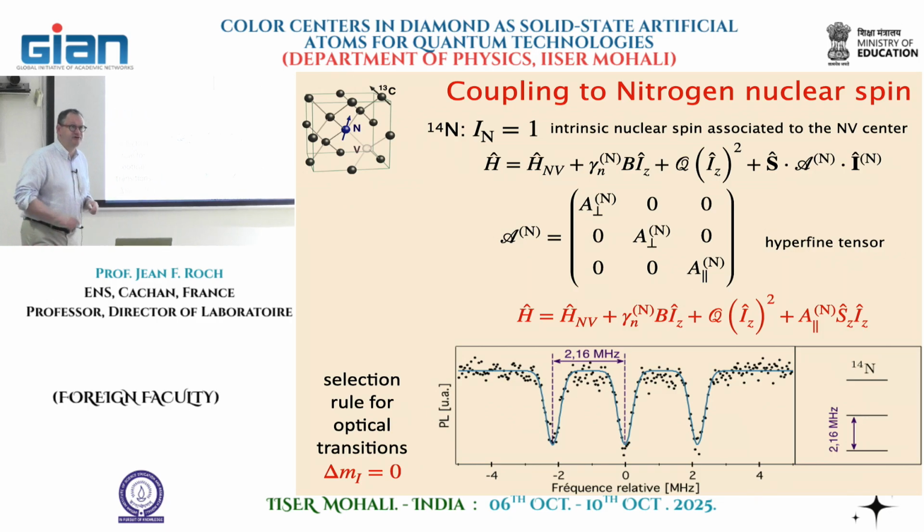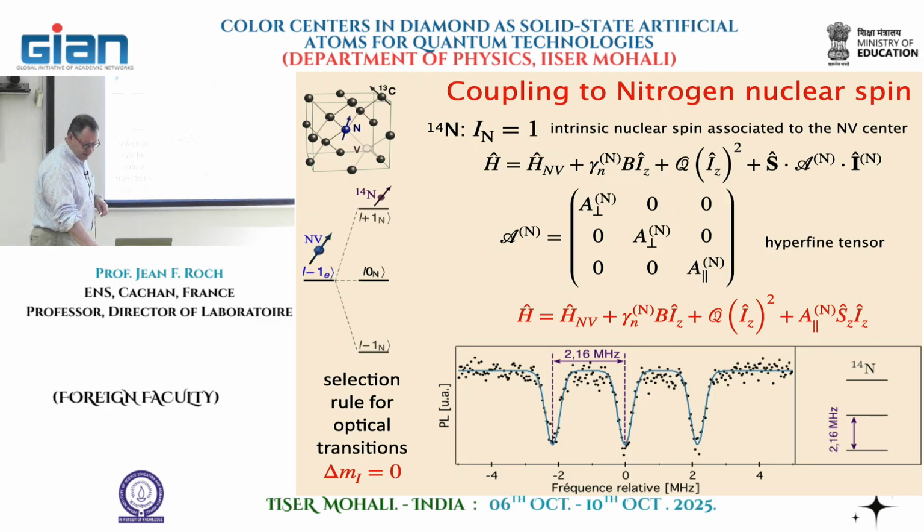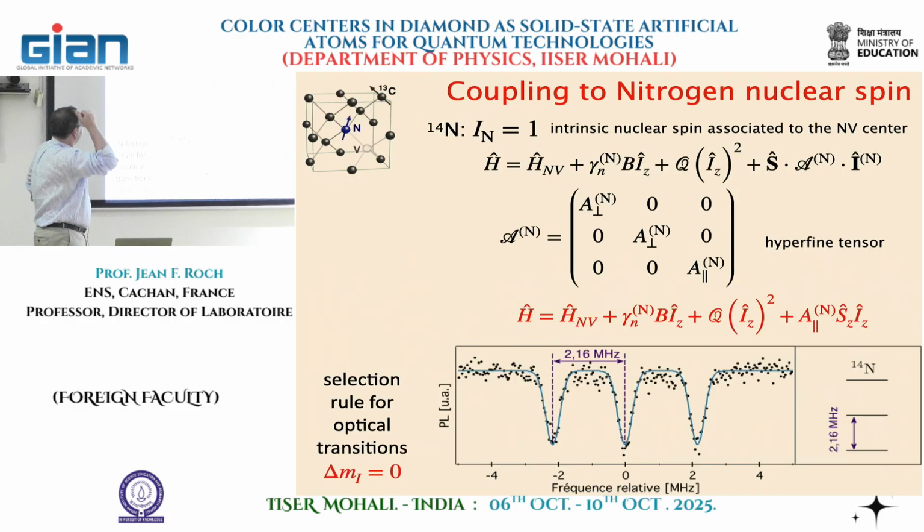Let's first discuss the intrinsic coupling that exists in the NV centers. It is the coupling with the nitrogen atom, nitrogen 14, that has a nuclear spin I equal to 1.